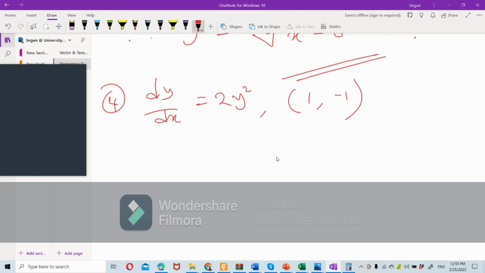What this means is: what is y when x is equal to 3?